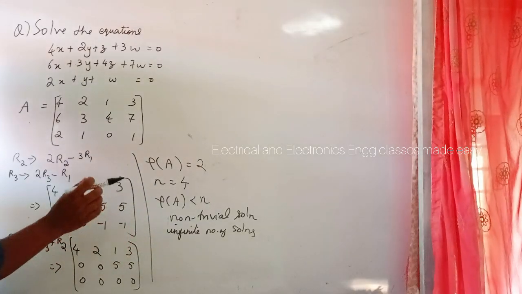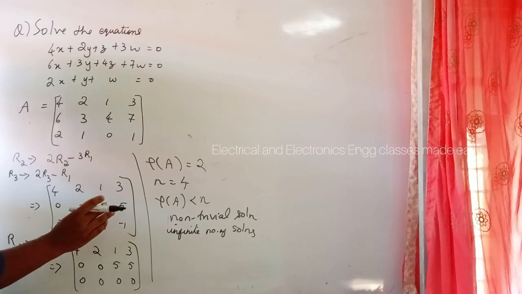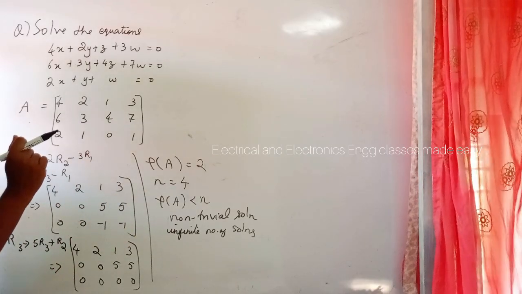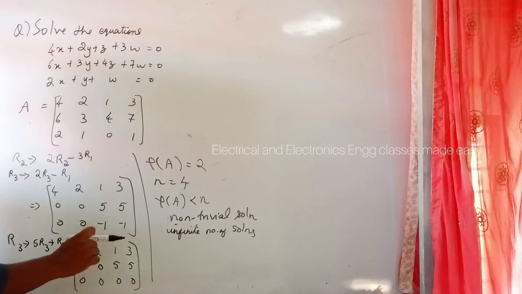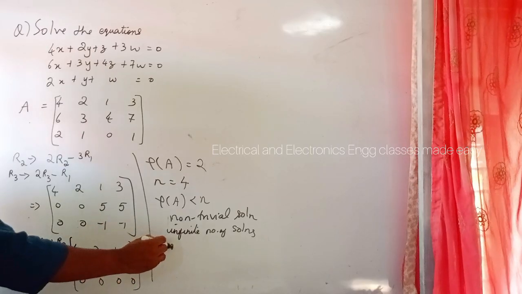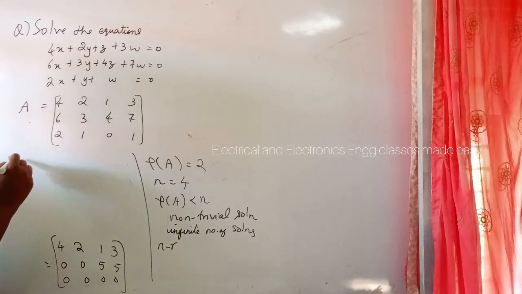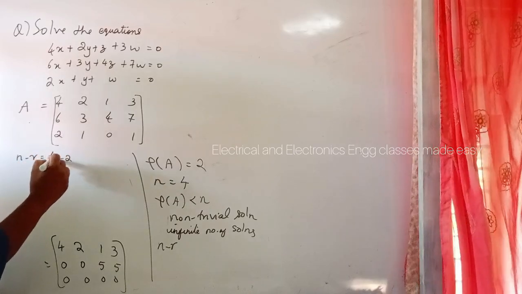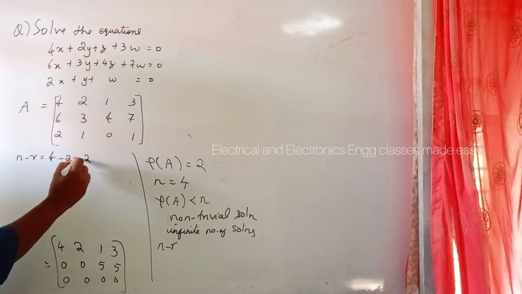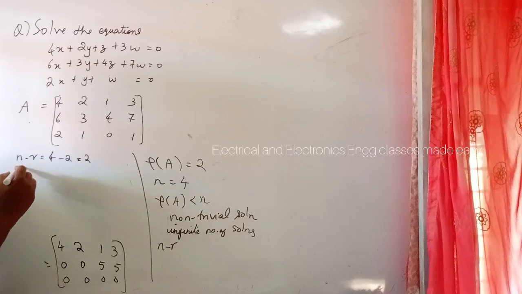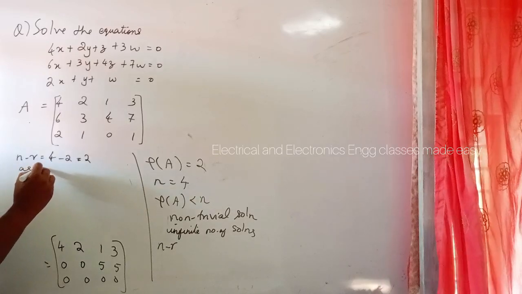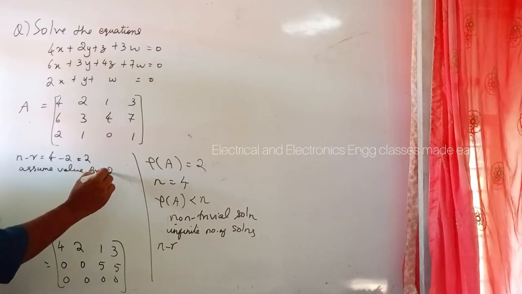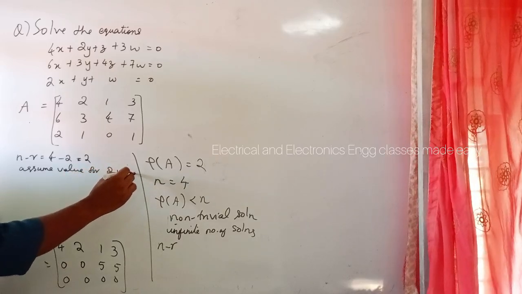So here we have to assume value for n minus r numbers. That is, here we have to find n minus r. So here n minus r equal to 4 minus 2, so that is equal to 2. So we have to assume value for 2 variables.